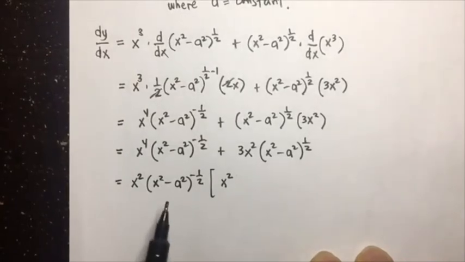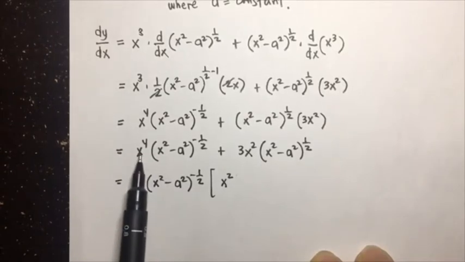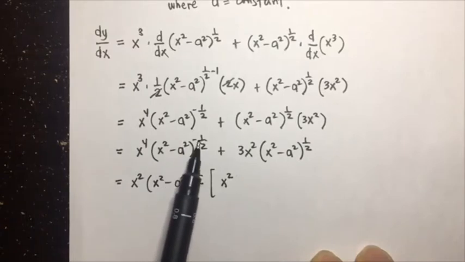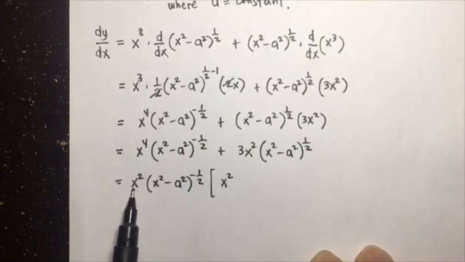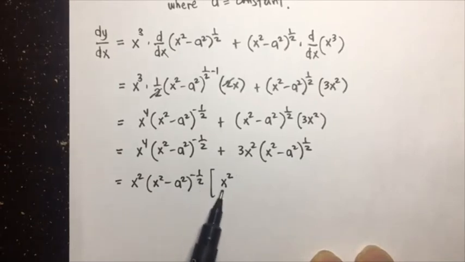Just remember that factoring is the same as division. So this x to the fourth times x squared minus a squared raised to negative 1 half divided by x squared times x squared minus a squared raised to negative 1 half, what will remain is x squared.